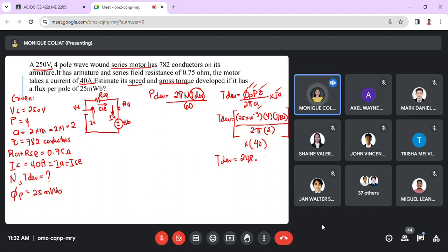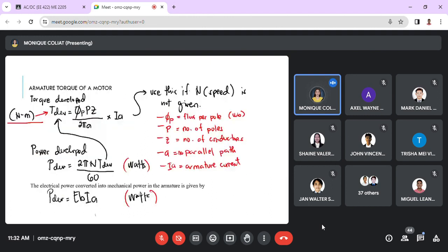So, ano naman yung speed? Paano natin kukuhanin yung speed? Meron na tayong TDEV. Saan pala galing itong formula na to? Okay, so, ang formula na yan ay galing dito. 2 pi N TDEV divided by 60. So, that is PDEV.